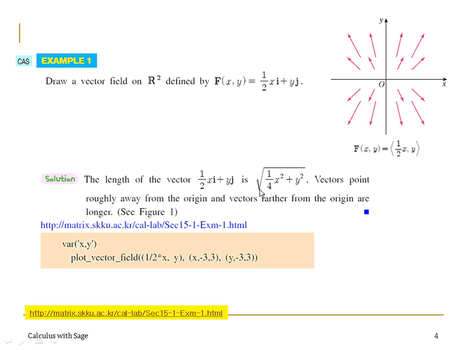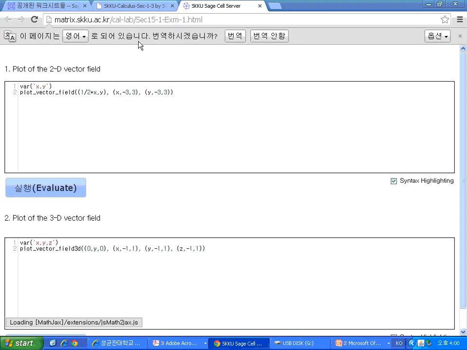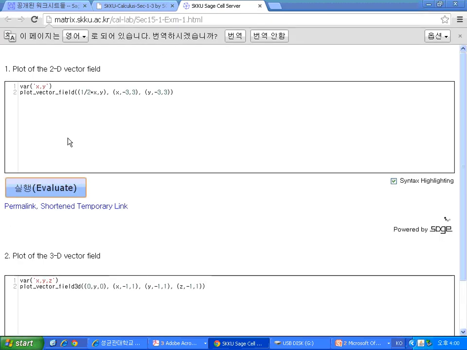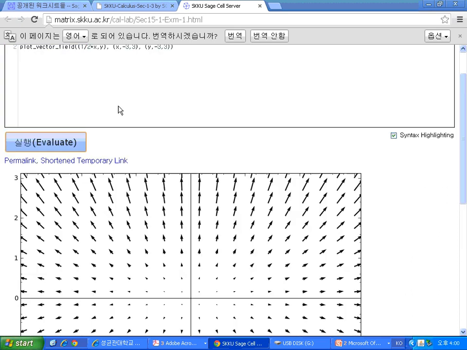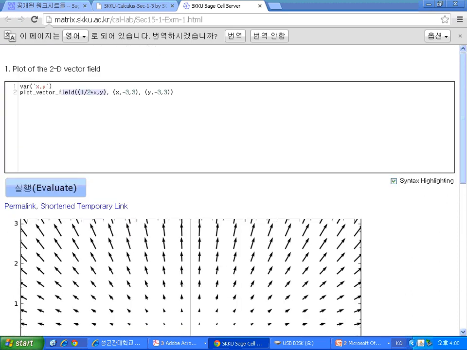Here, the vectors point roughly away from the origin, and vectors farther from the origin are longer. We can examine that here. This is the vector field of (1/2)x i + y j.